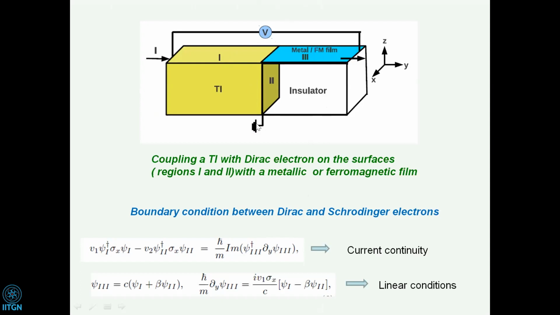So also here, the other thing to show is that the current continuity that one has essentially tells you that a current which approaches due to an electron in region 1 essentially gets moved into a current which passes in region 2, which is given by this V2.